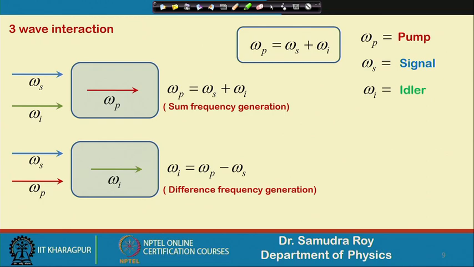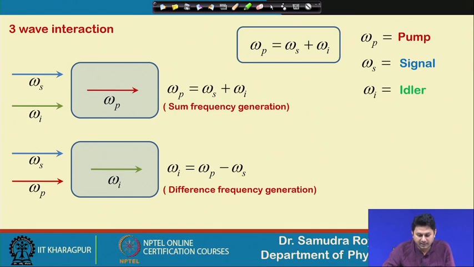So, now we are going to change the nomenclature and try to find out what happens in this 3 wave interaction. In the first case, one wave we call pump, which is omega p, and omega s and omega I are the frequencies of signal and idler. So, 3 waves are considered here: one is pump, one is signal and one is idler.